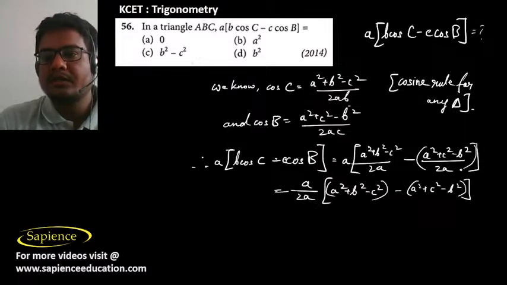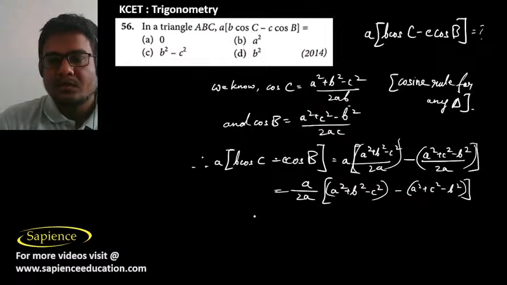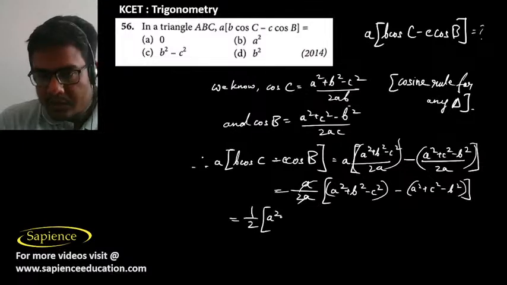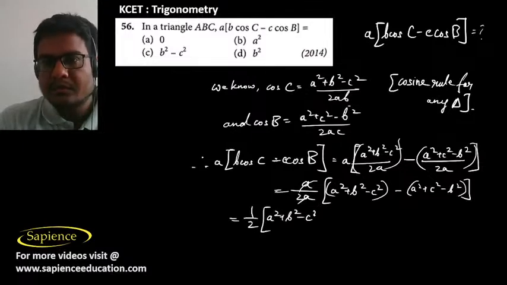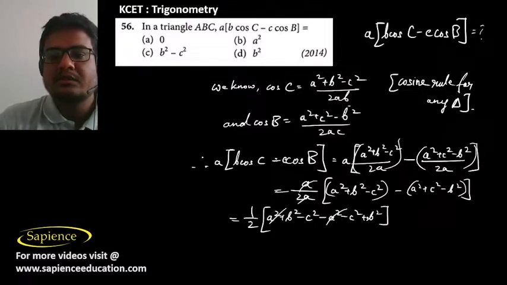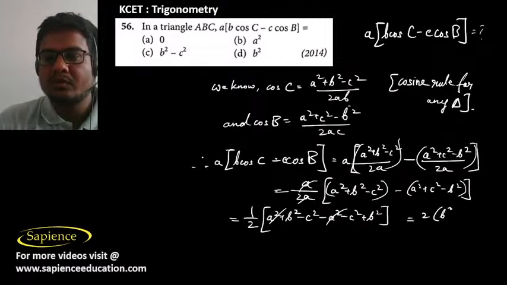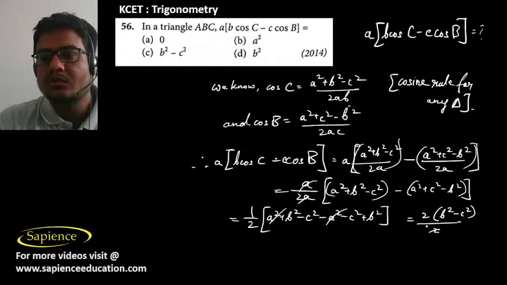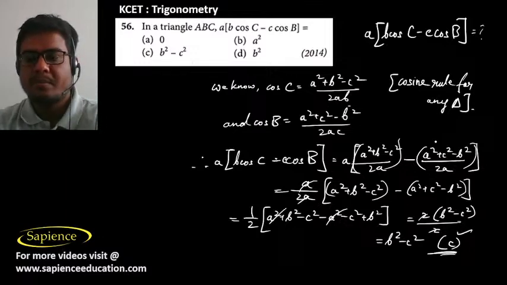So a by 2a will be 1 by 2, 1 by 2 into a square plus b square minus c square minus a square minus c square plus b square. So this a square and a square will cancel. So this is 2b square minus 2c square. So this is 2 into b square minus c square by 2. So that is b square minus c square, which is option C. Option C is the correct answer.